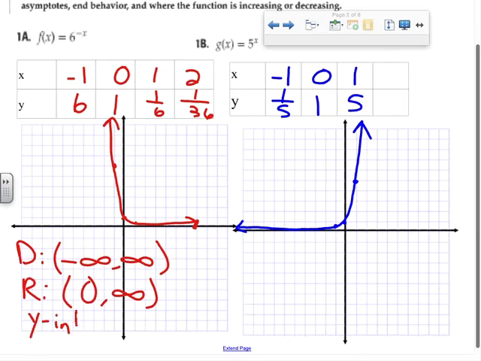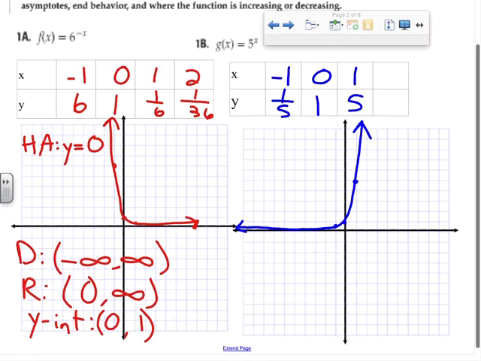You're going to see a y-intercept of 0, 1 very frequently with these functions. I mentioned also that it's getting closer and closer to the x-axis, but it never actually touches it. So I have a horizontal asymptote of y equals 0, also known as the x-axis.